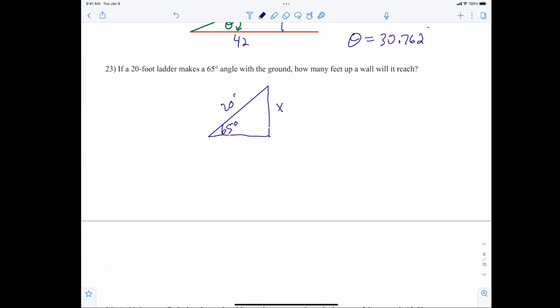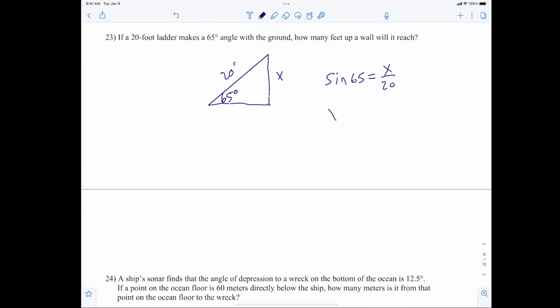What trig function? Sine of what? Sine of 65 equals what? X over 20. Good. So x equals 20 sine 65, which is roughly what?